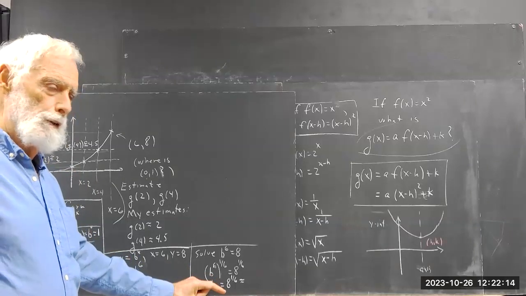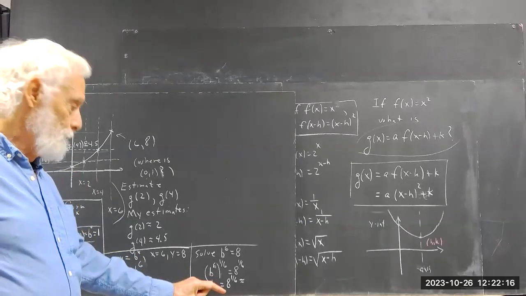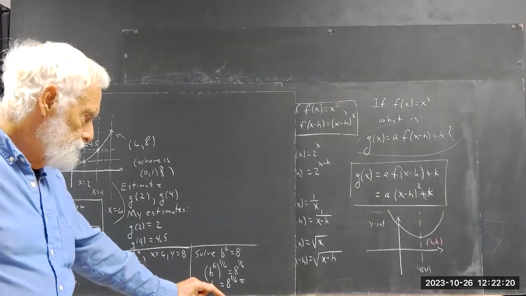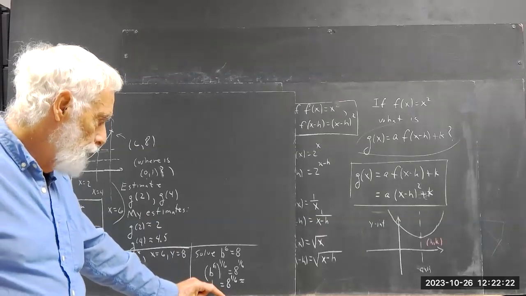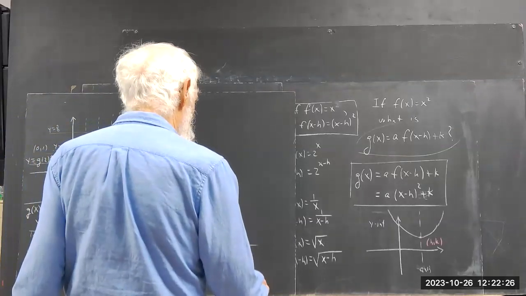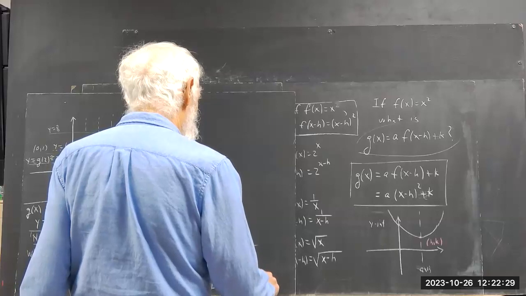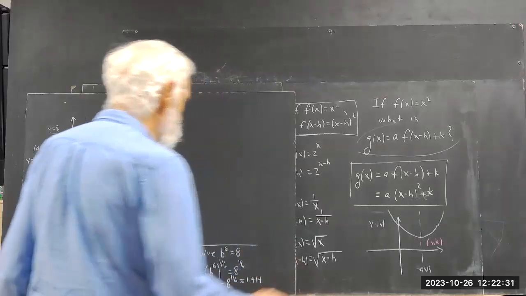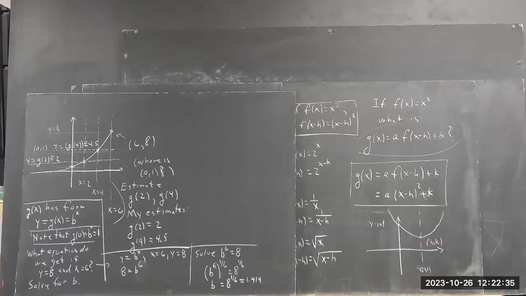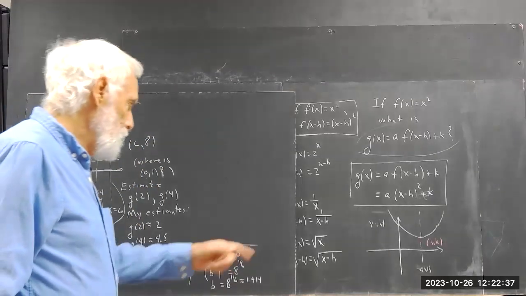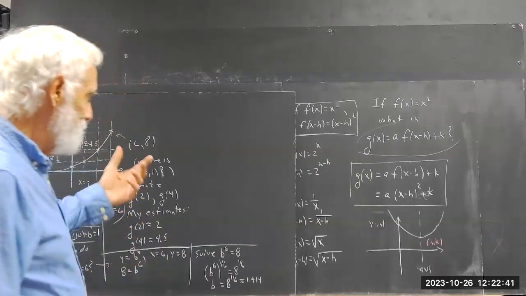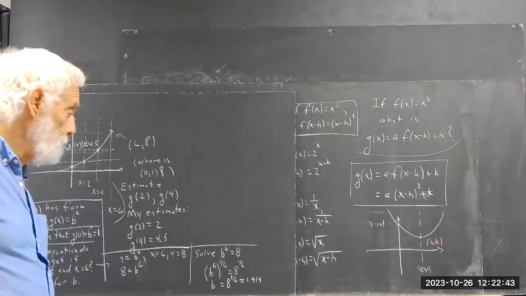You can do that in your head, can't you? Well, no, I can't do that in my head very well either. Actually, I can. 8 to the 1/6 is approximately 1.414. Now, I just lucked out because of the numbers that the class chose. So I just happen to know what 8 to the 1/6 is, because I know what 8 to the 1/3 is and what the square root of 2 is. Okay.